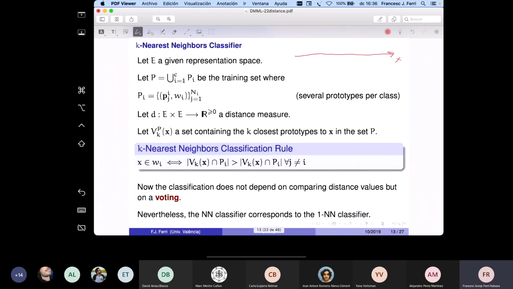Imagine that these two classes are class 1, it's Gaussian, and class 2 is Gaussian as well. They are both Gaussians, but we don't know. It's okay? The only thing we know is examples. We have examples that belong to one class and examples that belong to the other class.